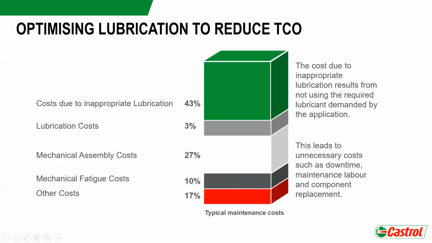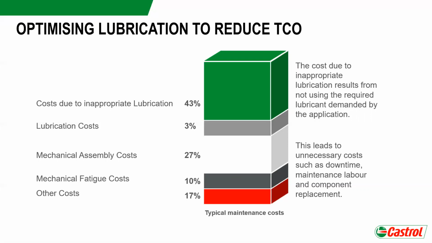This shows that pie chart in a slightly different way, so a stack chart instead, and we can see where the costs due to inappropriate lubrication are. And that's a result of not using the right lubricant at the right time for that particular application. And if we don't have the right lubricant for the right application, then we have additional costs: the downtime, maintenance, labour, spare part replacements, and so on.